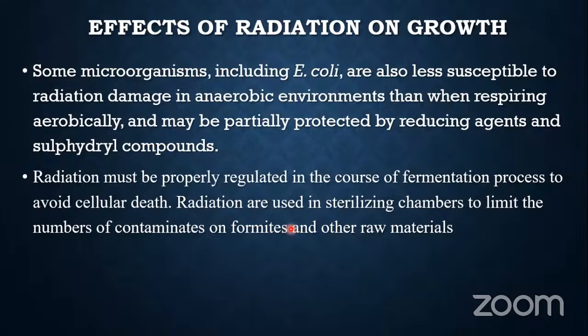Also in the industrial setting, some of this radiation is there to remove and destroy bacterial spores, to cause the effect of killing, to sterilize some of the preparatory rooms. So the radiation must be properly regulated to avoid direct exposure of the fermentation, which can lead to death of the organism.